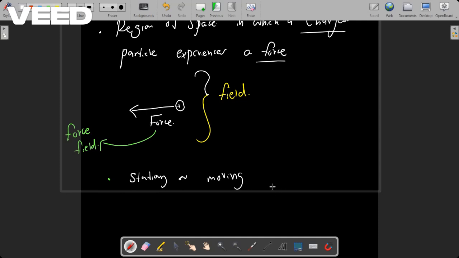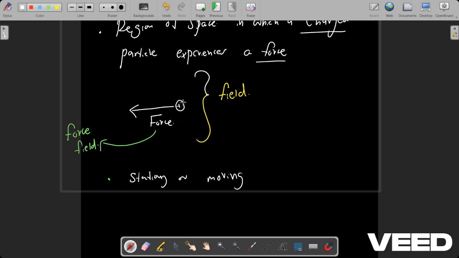Another thing is this part. If this charged particle is in an electric field, or if this particle is in a field, this particle can feel a force on it.